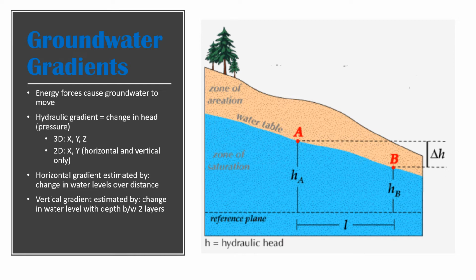And that's what I have depicted over here on the right-hand side: the horizontal flow, as well as the delta H, which represents the vertical change in height. And this can estimate the change in water levels over a distance.